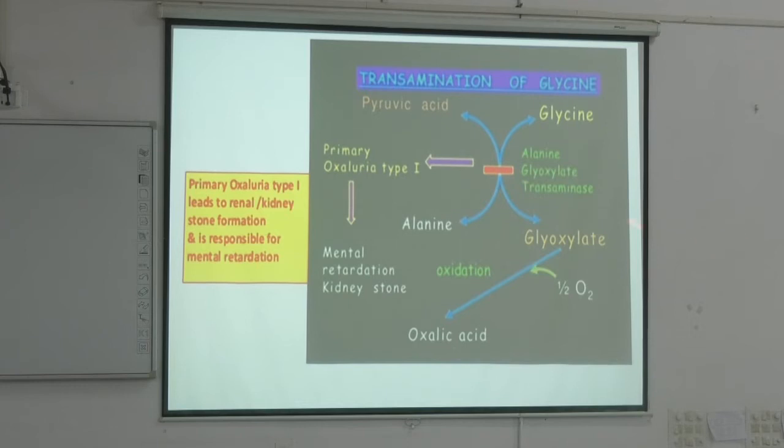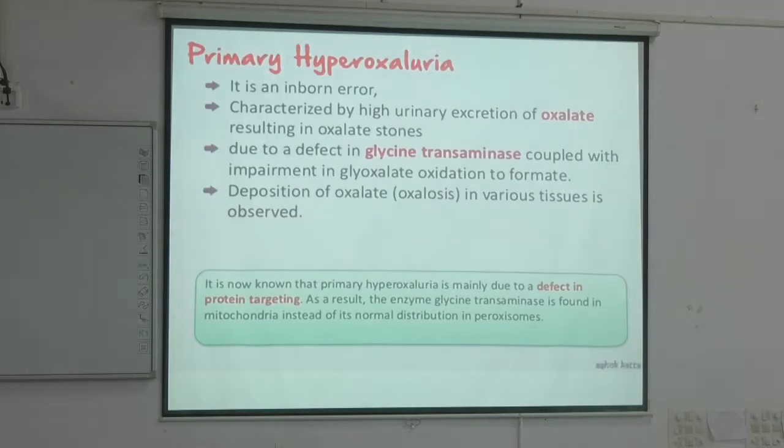During transamination, glycine and pyruvic acid are converted to alanine and glycolate. If this enzyme is deficient or defective, then oxidation of glycolate to formate will be impaired, so glycolate will not be converted to formate or formic acid.